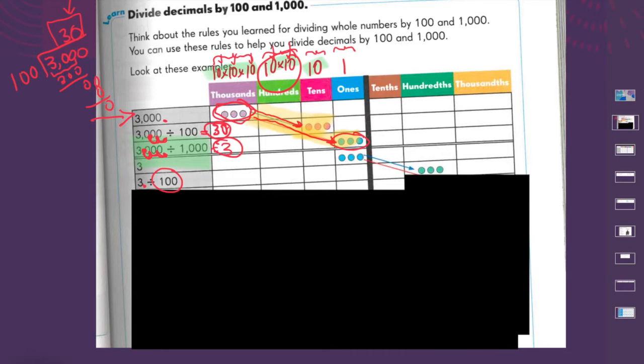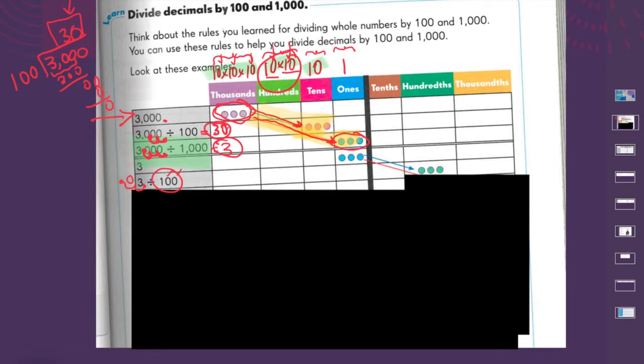Okay, some of you are probably noticing that 100 is 10 times 10. Some of you might be noticing the 2 zeros in 100. And we know that movement of that decimal is going to be 2 place values, we're going to move that decimal 2 place values to the left.